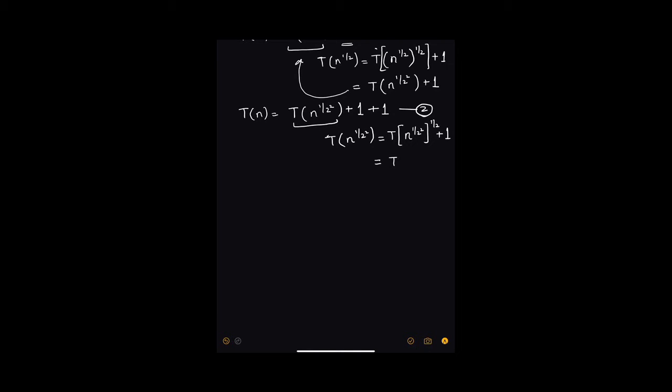So the answer that I will be getting is T(n raised to the power of 1 by 2 cube) plus 1. Again, I'm going to substitute in this equation. So the answer of T(n) that I will be getting will be T(n raised to the power of 1 by 2 cube) plus 1, and I'm going to copy these two ones from above. So I will be getting plus 1 plus 1.